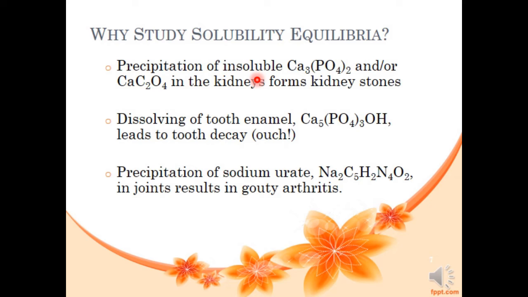Normally, calcium that is not used by the bone and muscle will go to the kidney. The same goes for waste product like oxalate. So when you have a high intake of oxalate in your kidney as waste, as well as the excess amount of calcium in the kidney, they will form solid.